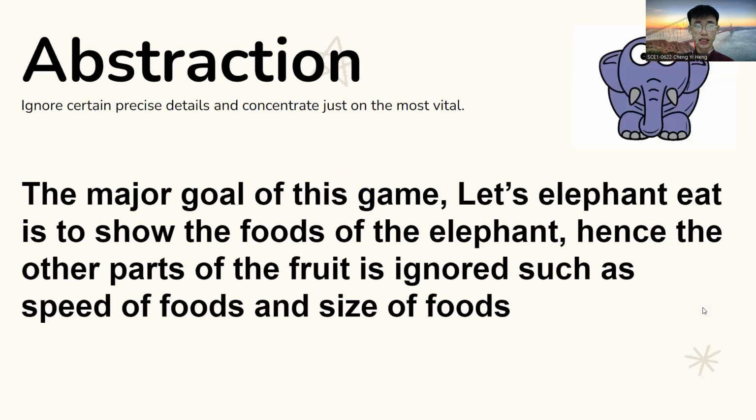Abstraction. Ignore certain pieces of detail and concentrate just on the most important. The major core of this game is letting the elephant catch the fruits. Hence, the other parts of the fruits are ignored, such as speed of fruits and size of fruits.